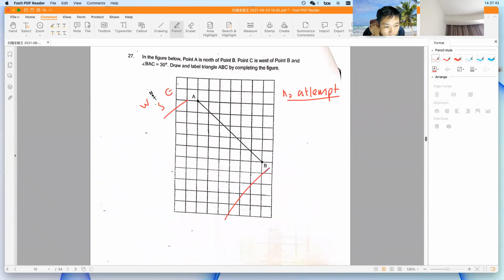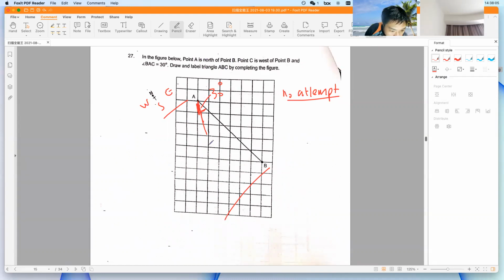Okay, so just make BAC. Make sure that this is 30. I don't have a projector with me, so just make sure this is 30. Then draw and label triangle C by computing the point.